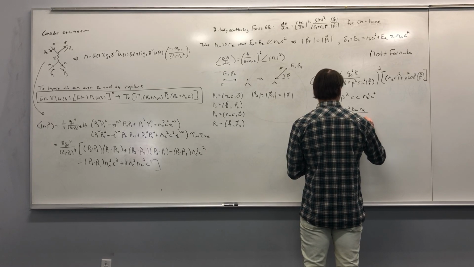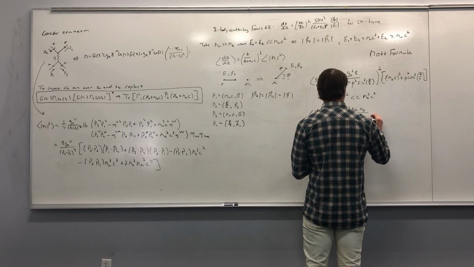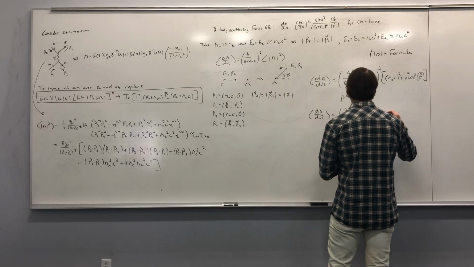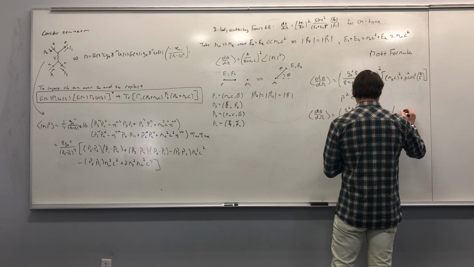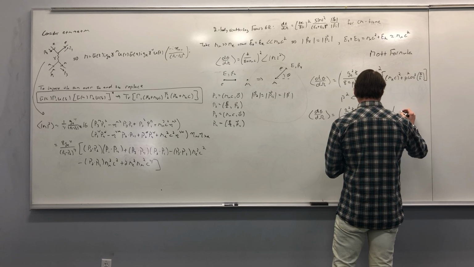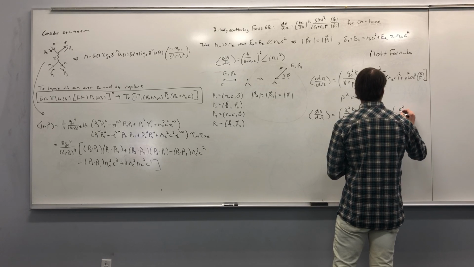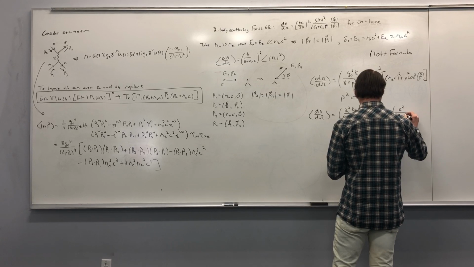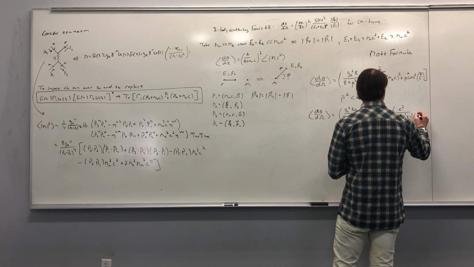Yeah, I can clean it up. I don't want v squared sine squared θ over 2. And then cleaning this up and replacing it with some other expressions, it's going to be e squared, which is the electron charge, divided by 8 m c v squared sine squared θ over 2.